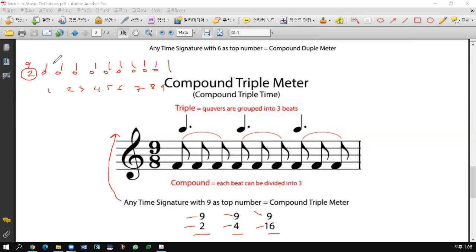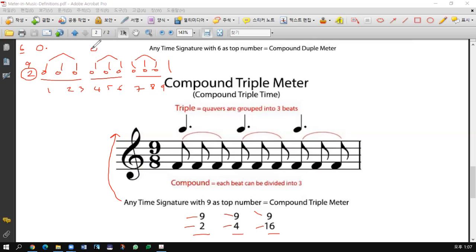So here, these 3 half notes can be grouped into 3. So this one, the value is equivalent to what? Like a dotted whole note, right? Because a dotted whole note is 6 beats, and this one is 2, 2, 2, 6.